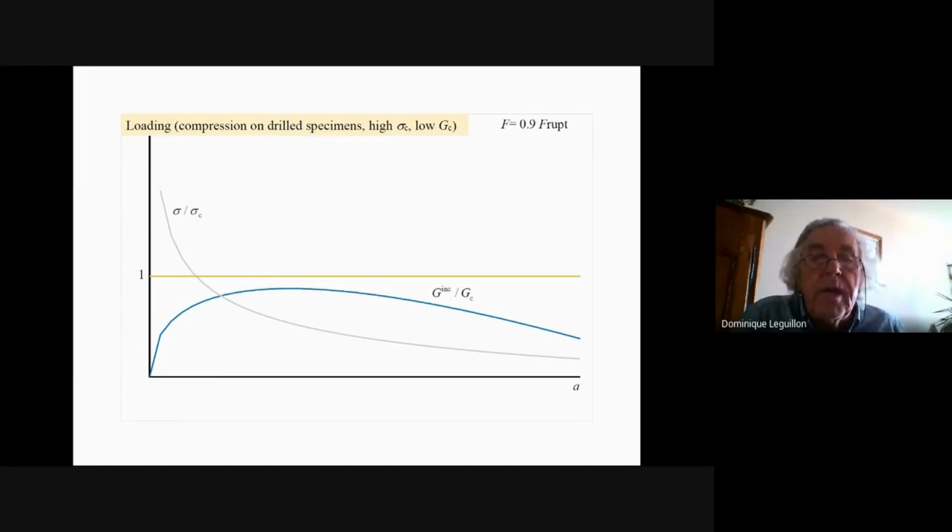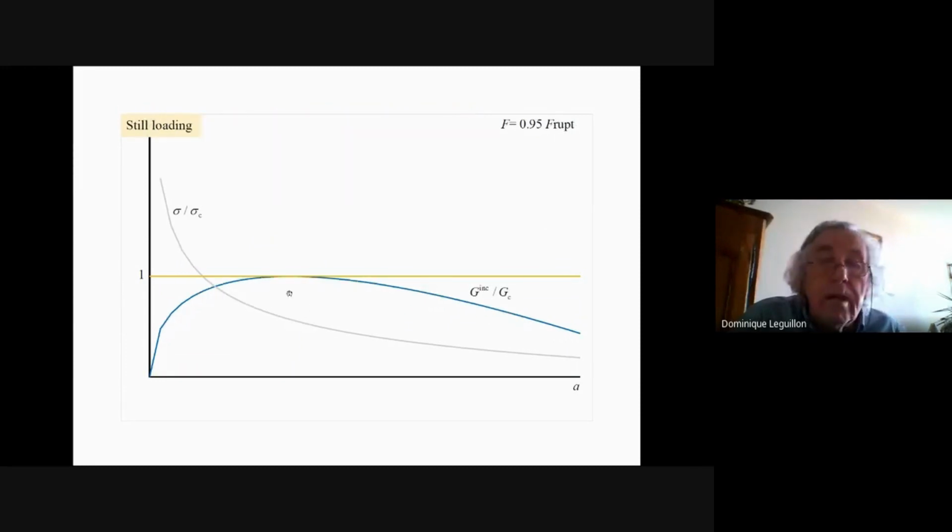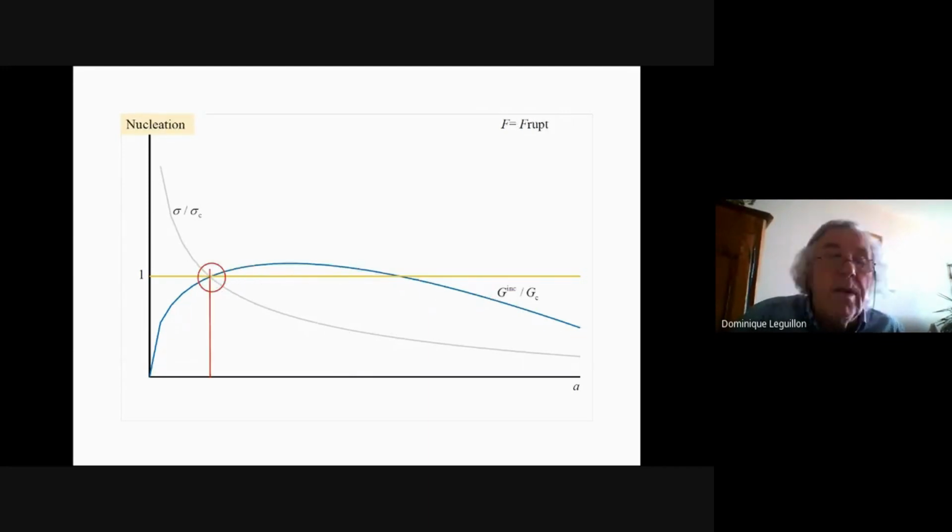We increase the load and we reach that point. But you see, there is still no match. So again, the coupled criterion states that nothing occurs. Then we go on loading and we reach that point where now both the energy and the stress conditions are fulfilled. Okay, so now let us calculate the energy release rate of Griffith.